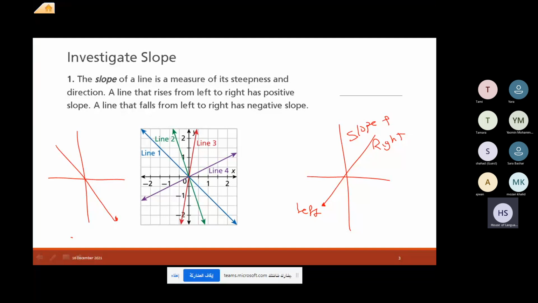Here you are up, you go down. So the slope is negative. So how can I determine? Look at it, yes, because you are up, you go down.